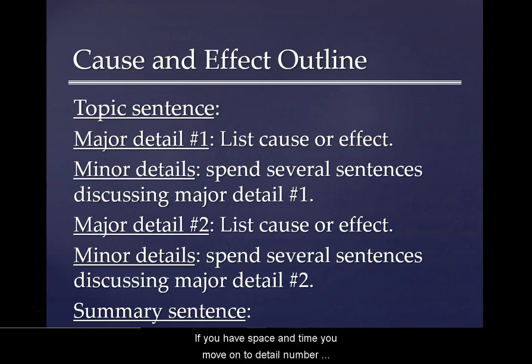If you have space and time, you'll move on to major detail 2, listing another cause or effect. Once detail number 2 is listed, you will offer multiple sentences of minor supporting details. And then the cause and effect outline must have a summary sentence.